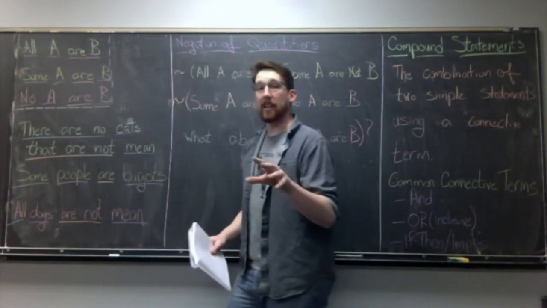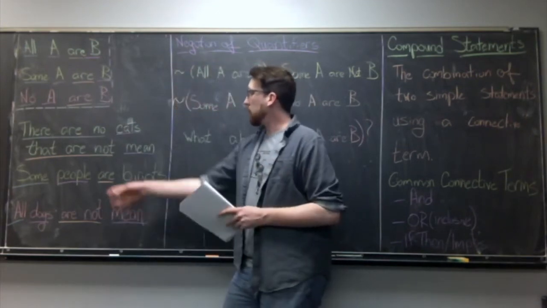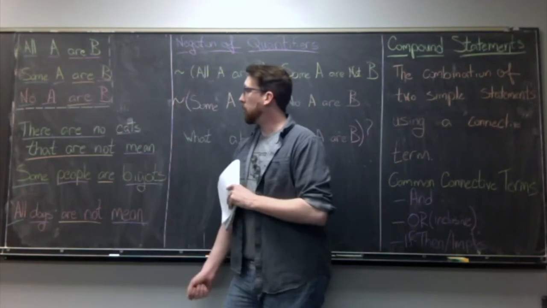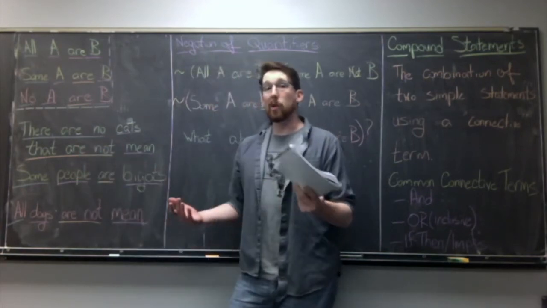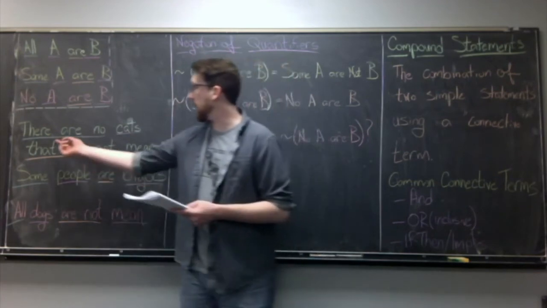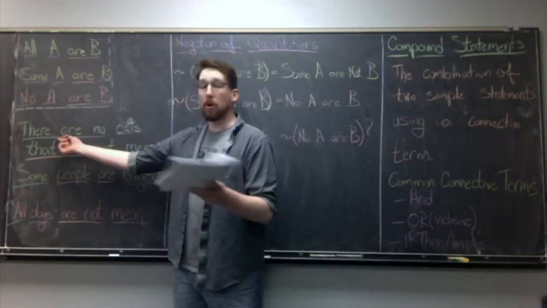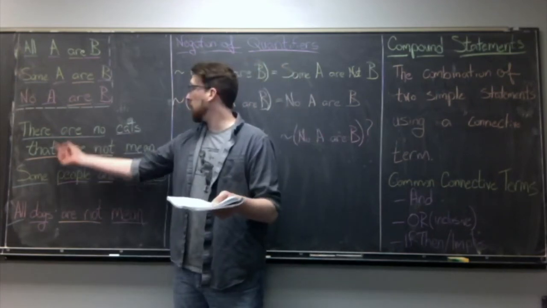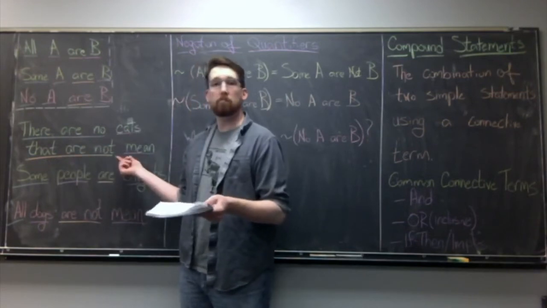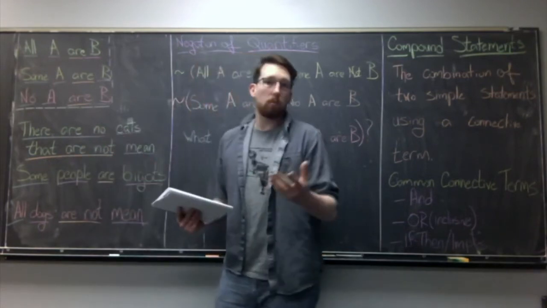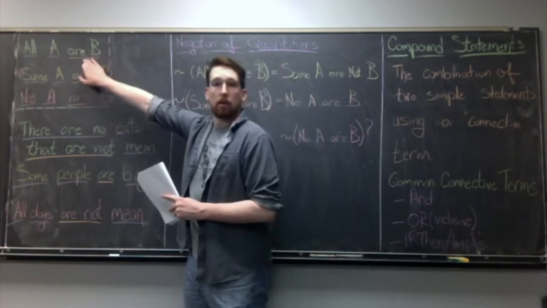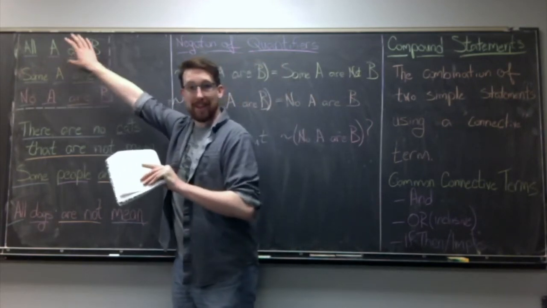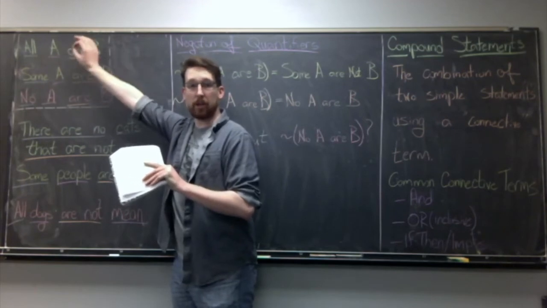So, we've got these 3 more specific examples. There are no cats that are not mean. But we can rewrite this to say all cats are mean. Okay, that's one thing we could do here, right? This is in fact congruent with this particular general example.